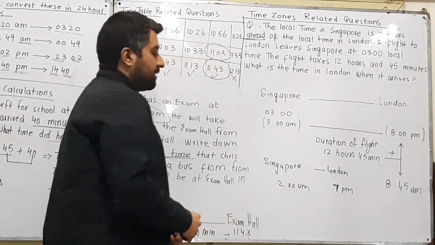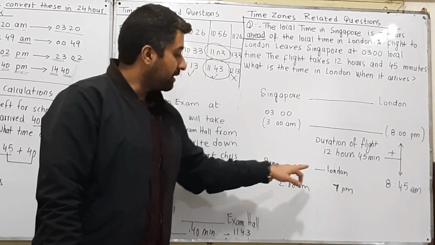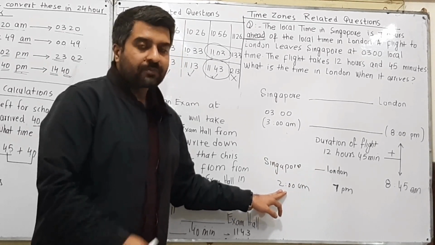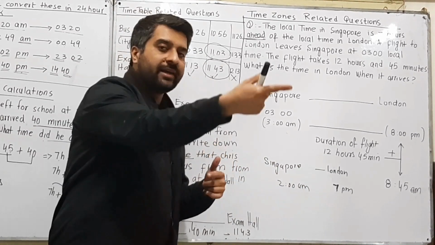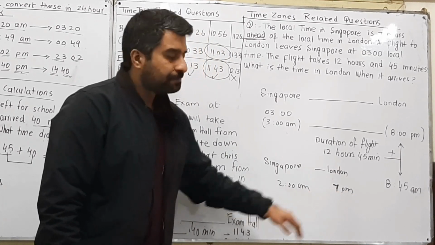Now this means ahead. London has 7 p.m., then the time in Singapore will be 2 a.m. Singapore is 7 hours ahead of London. Now this is the meaning of ahead.